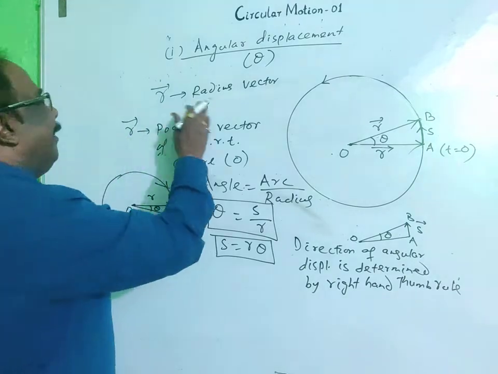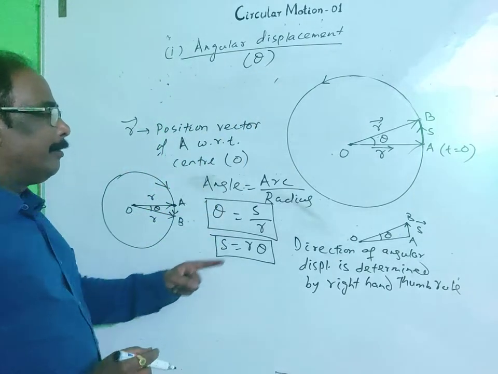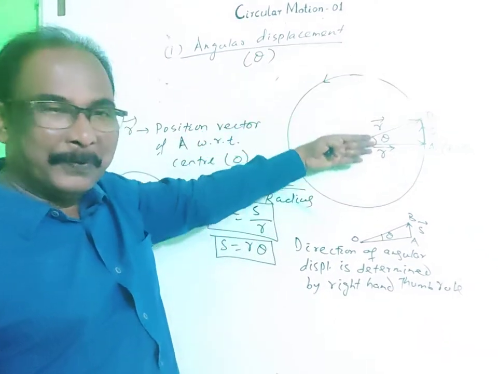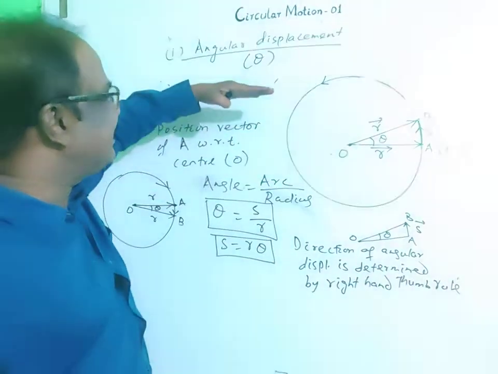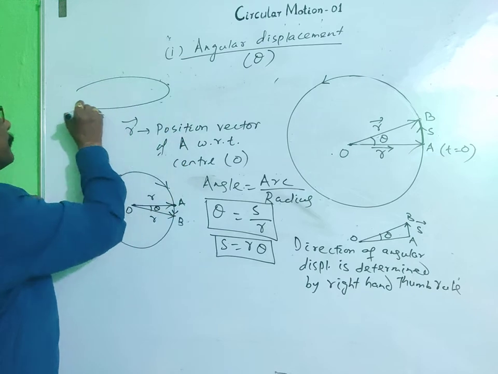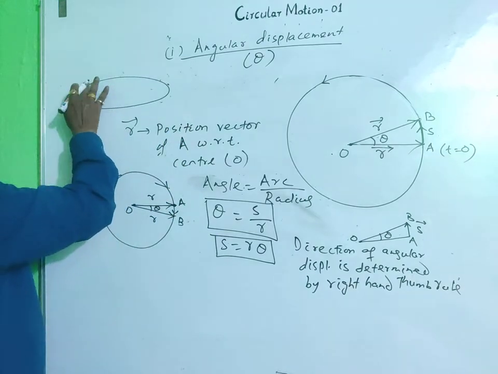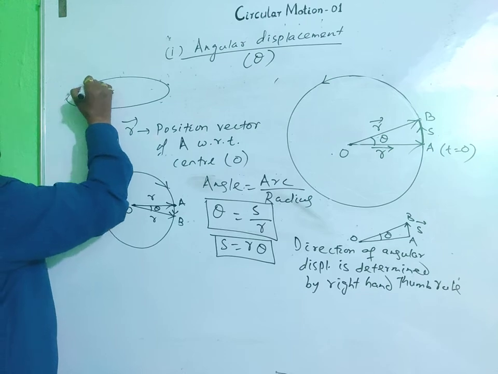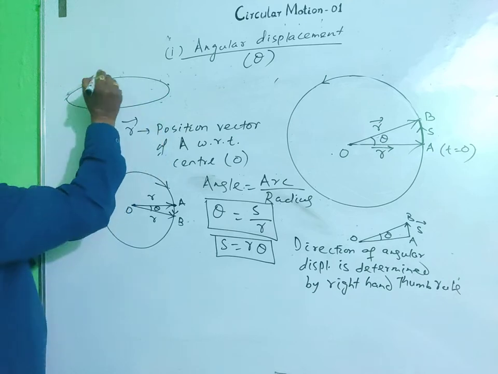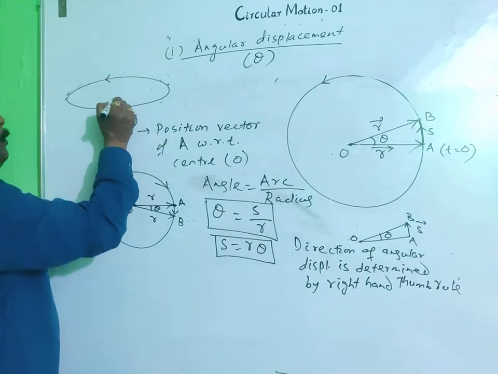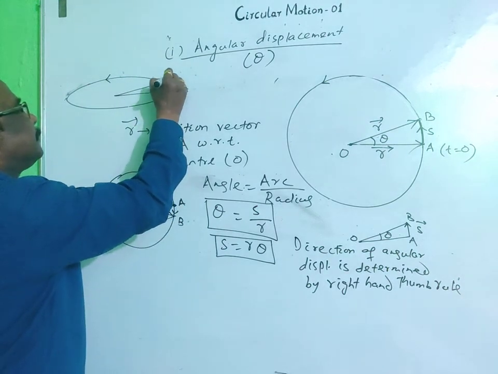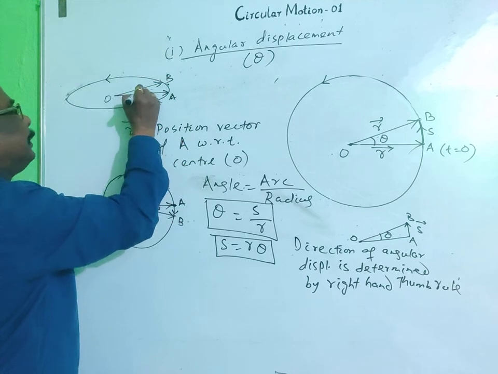Suppose this circle, means plane of this circle is parallel to the plane of the whiteboard. Suppose a circle is drawn which is perpendicular to the whiteboard, like this. Means circular path is on this plane, perpendicular to whiteboard. So if the particle is moving in anticlockwise order, this is A, this is B, this is OA, this is OB, and there is theta.